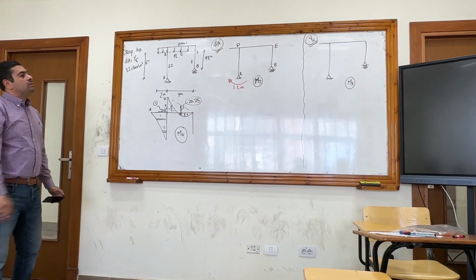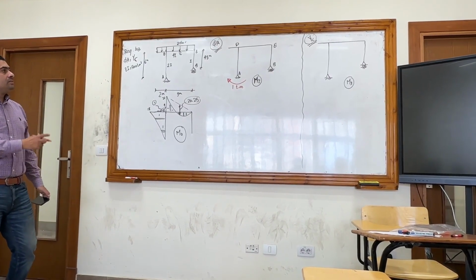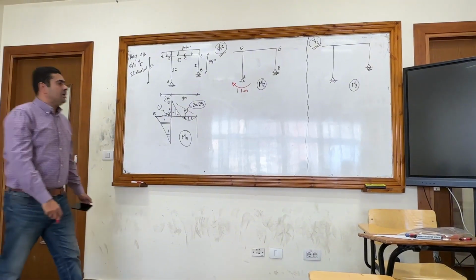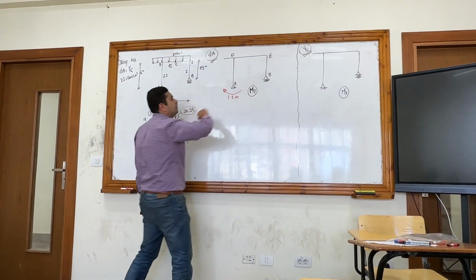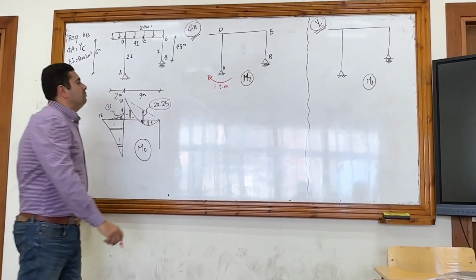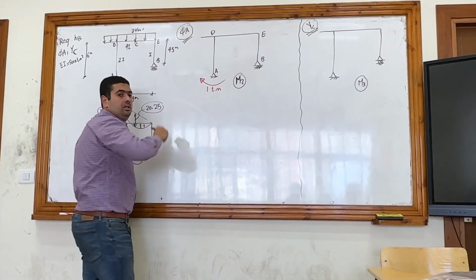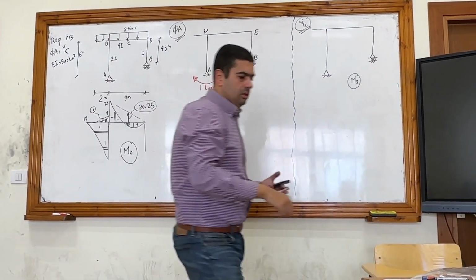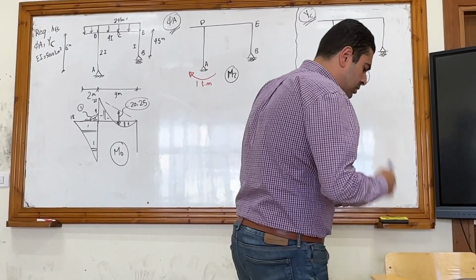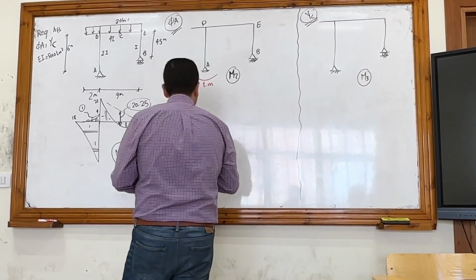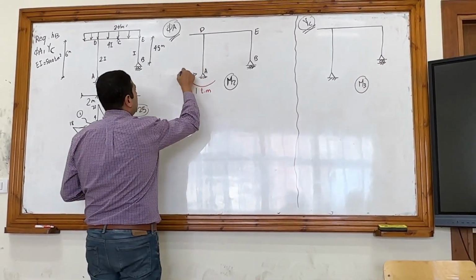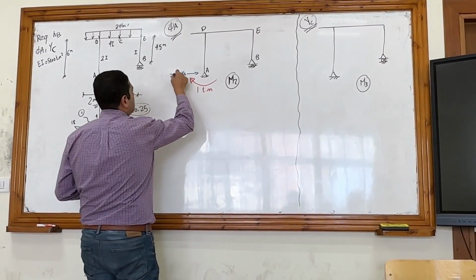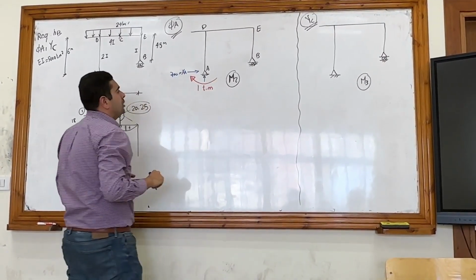Okay, let's draw the moment of the case for phi A. First, I have to calculate the reactions, right? Is there any horizontal reaction here? No horizontal forces. That means that XA here equals 0. There is XA and YA.